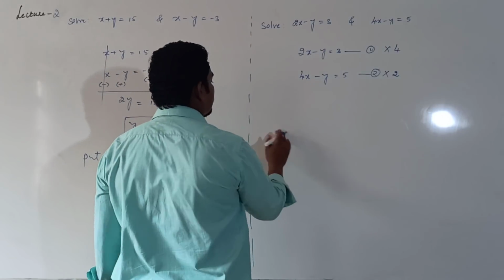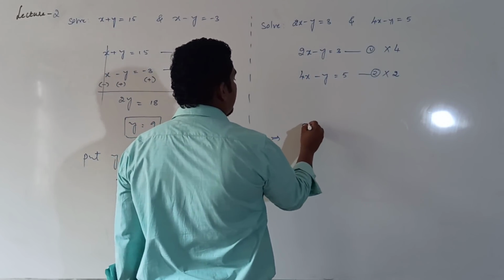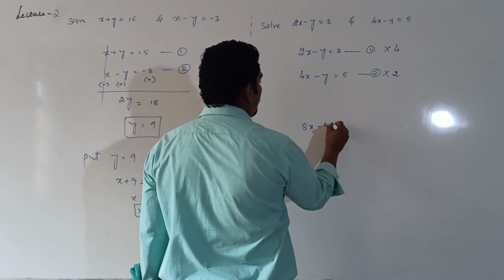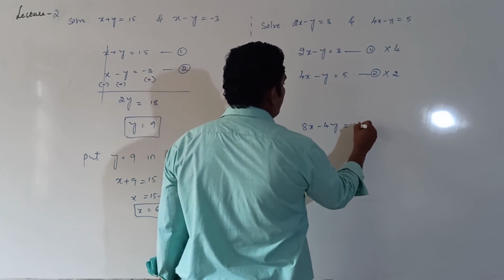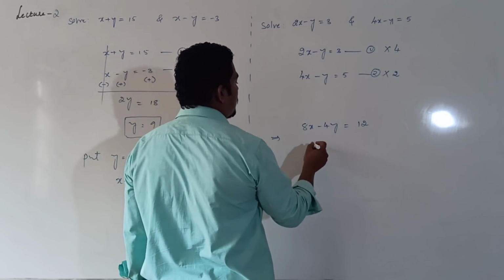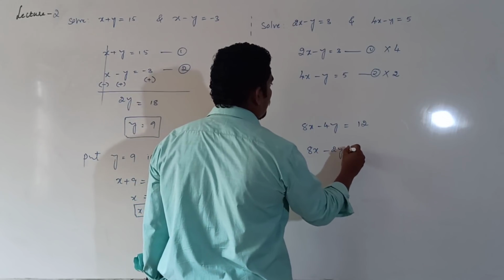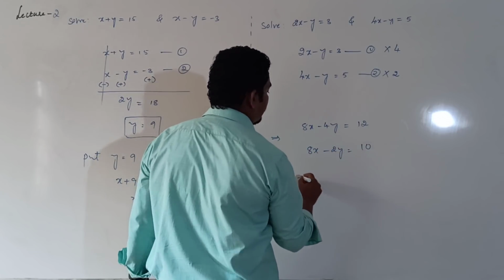Then we get a new set of equations. It will be 8x minus 4y is equal to 12. Equation number 2 becomes 8x minus 2y is equal to 10.